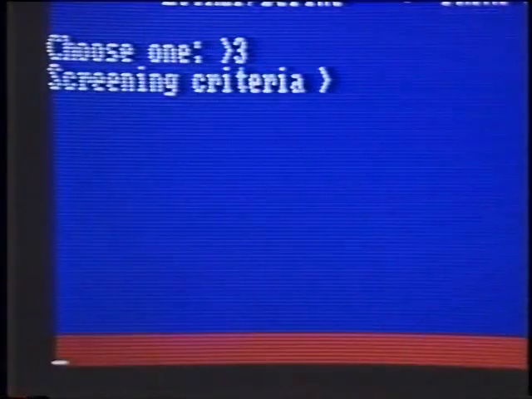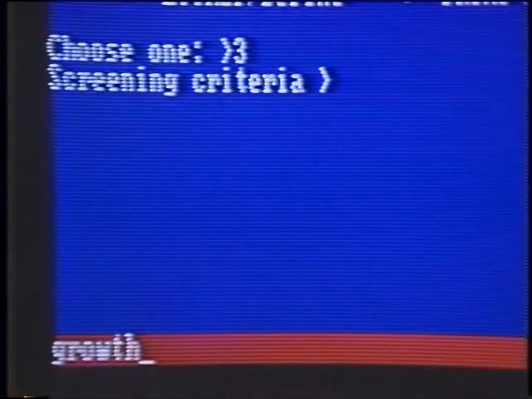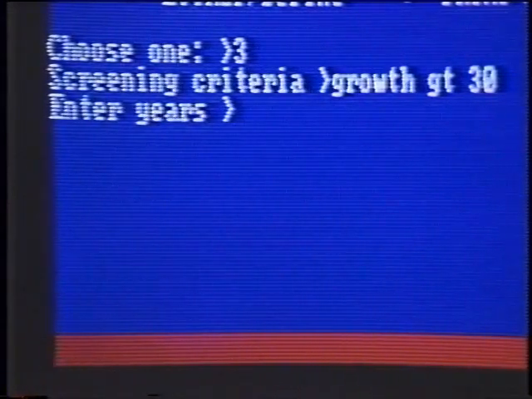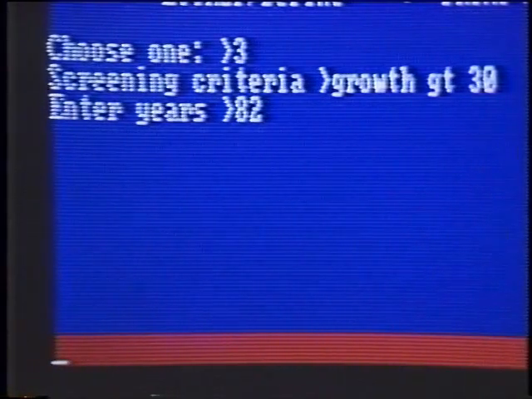And so EZScan is asking me which screening criteria do I want. I'm into growth, and I'd like growth greater than, let's say, 30% sales growth. Let's say it's over the period ending in 1982, since some of them may have different time periods that are sitting in there.